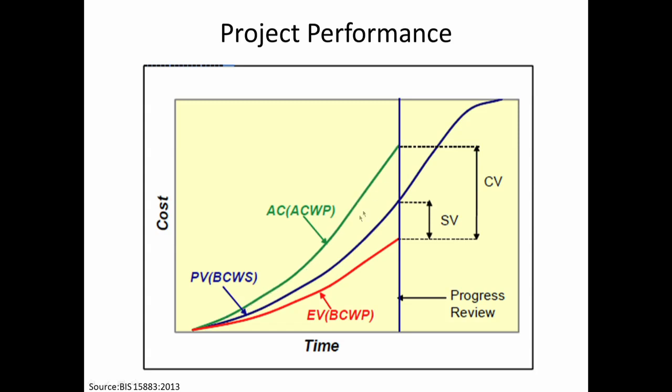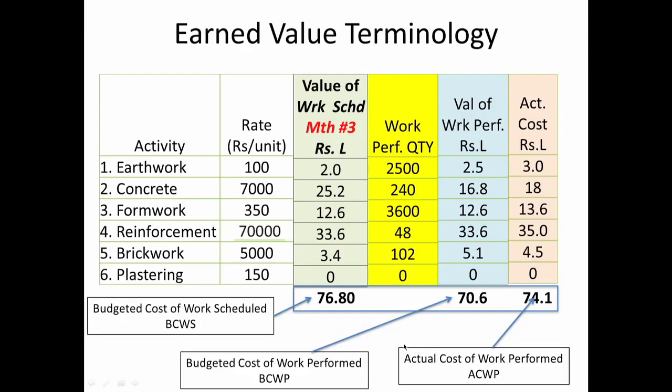So this is the cash you're measuring through your accounts, the money you're actually spending, and then the earned value is the budgeted cost of work performed, which is the red line here, and this is, like we say, obtained based on the actual measured quantity of work done, and the original rate estimate. So this is one way of estimating BCWP.